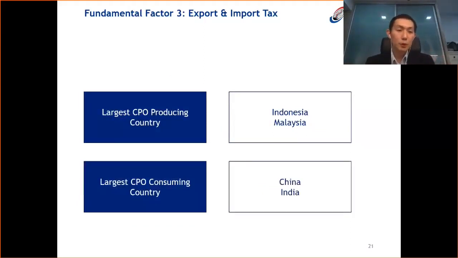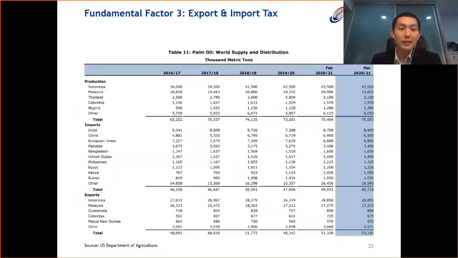So we producers need to focus on the export. We are the ones selling, and the consumers are the people who import those goods, and they are the ones who buy from either Indonesia or us, Malaysia. So let's look at the quick data here. Indonesia and Malaysia are the largest producers in the world of crude palm oil.